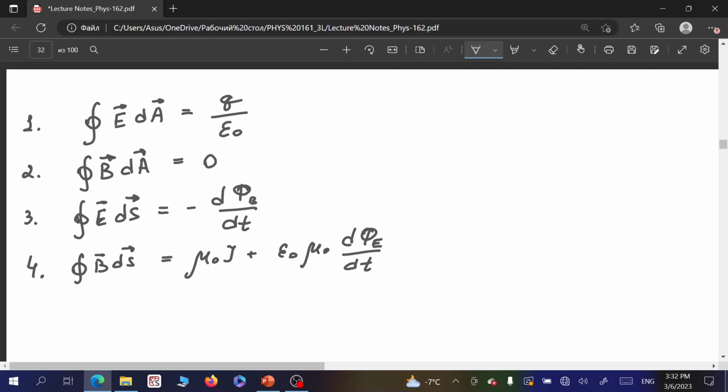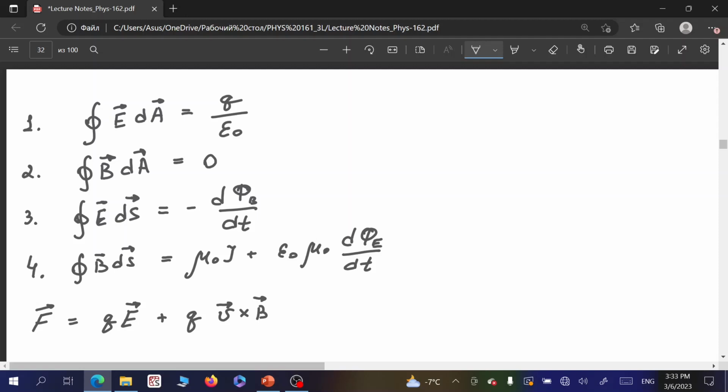And we can write that the net force exerted on an electric charge placed in an electromagnetic field will be equal to charge Q times the electric field vector, which is the electric force, plus the magnetic force, and that will be Q times the velocity vector cross product with the magnetic field vector.